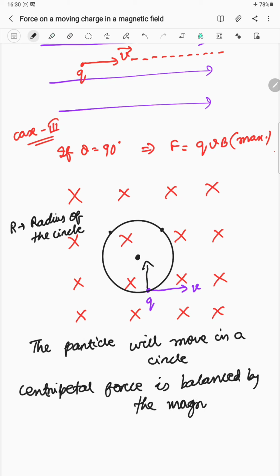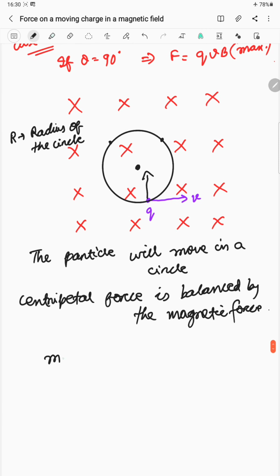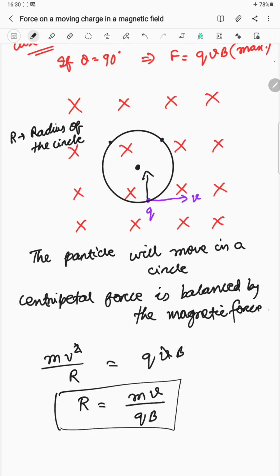That means centripetal force, m v square by capital R, is equal to qvB. Okay, sin theta is gone because theta is 90 degrees, sin 90 is 1. So this v gets cancelled out. Then what will be R? Radius of the circle will be mv by qB. This will be the radius of the circle.